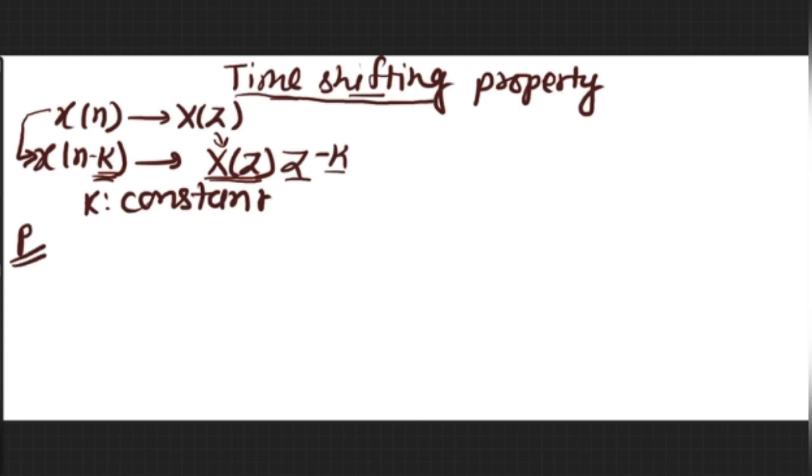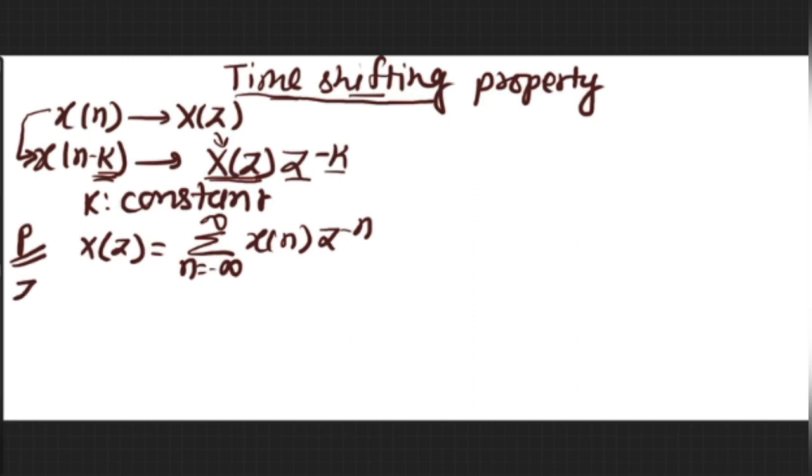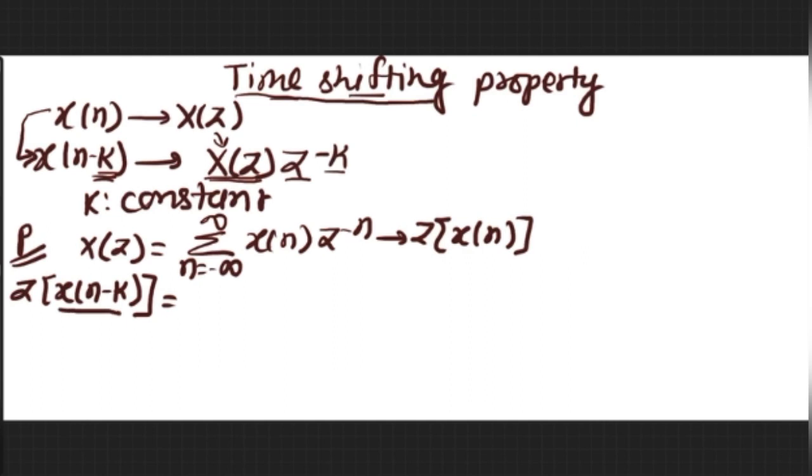For proving this property, we will start with the equation of X(z), which is the summation n equals minus infinity to plus infinity of x[n] z to the power minus n. Now, if we want the Z transform for x[n minus k], we have to replace x[n] by x[n minus k].